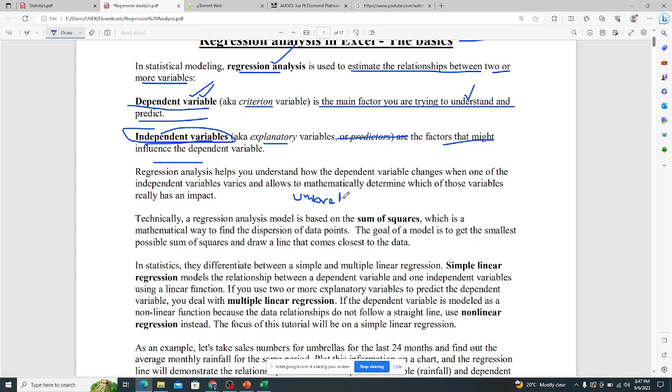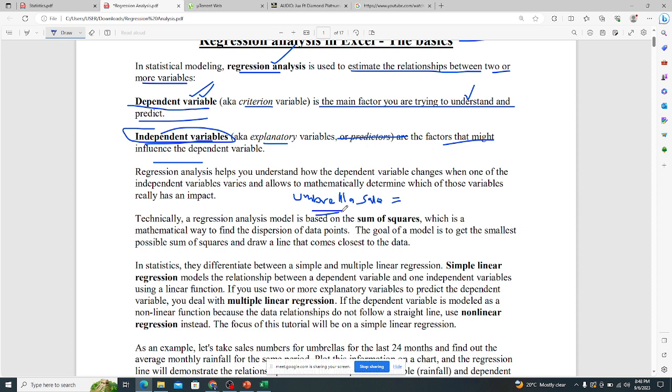For example, in a model used to determine umbrella sales, definitely this is our outcome. Given a certain amount of rainfall, it is possible for you to predict the umbrella sales we might make during that period.